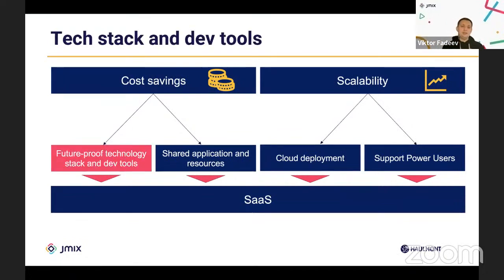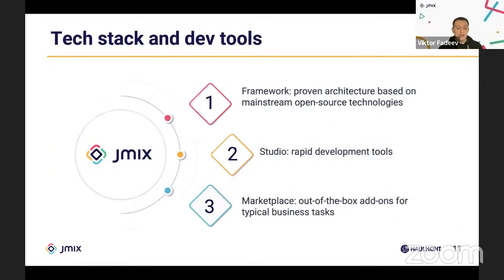And the first one is future-proof technology stack and the dev tools highlighted here on the agenda. And I don't want to speak a lot again about Jmix, our wonderful platform, which definitely resolves these tasks, providing you a proven architecture based on a mainstream open source technology stack, rapid development tools and a marketplace.